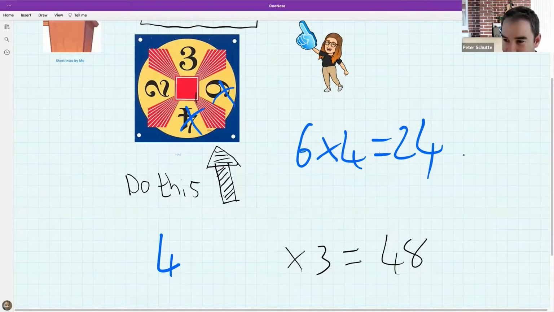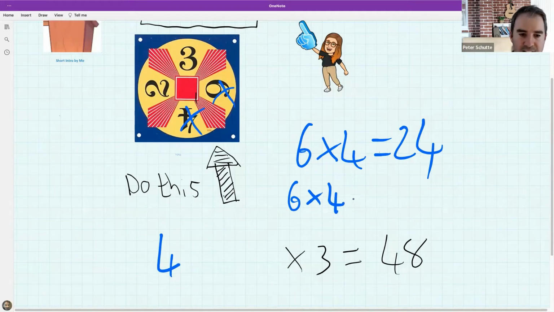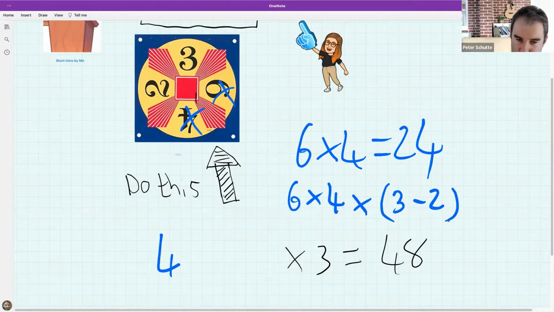In fact, you can. I want to see, can others help us? How can we combine what Zakele has done with this? Chulu, I think you have smashed it. So what you can do is you can say, I have my 6 times 4, and then I'm going to times that by 3 minus 2.